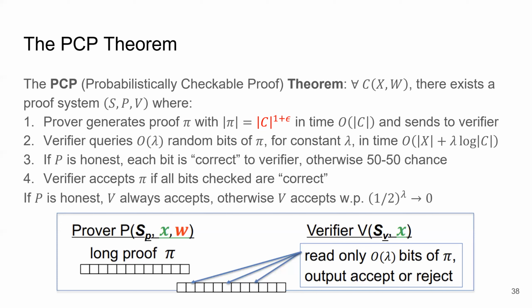I guess I just don't know how it works, like what do you do when you get a bit and verify the single bit? But I guess that's just part of PCP, that there is some V where you can run that. Yeah, that's right. That's something that would get into proving how the PCP theorem works, and we're just going to assume that it works. We're not going to get into specifics of how you can guarantee that the bits you've checked are correct if the prover has been honest. Yeah, sounds good.